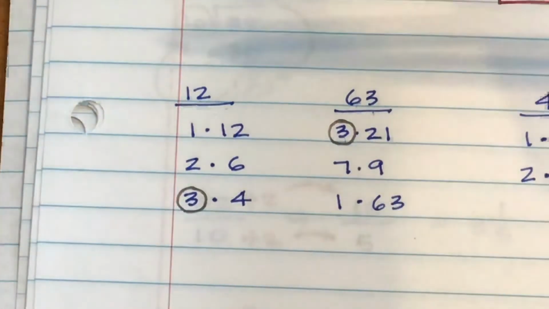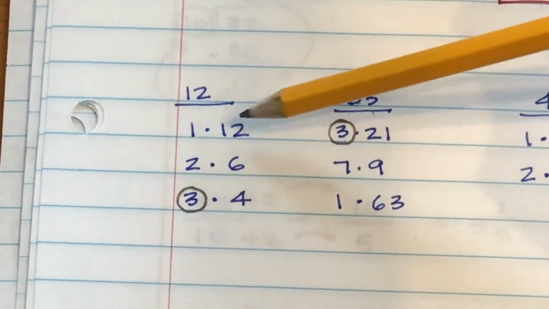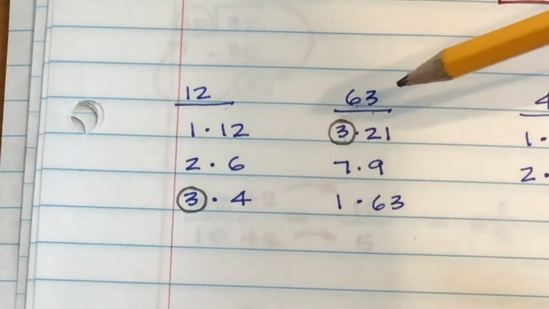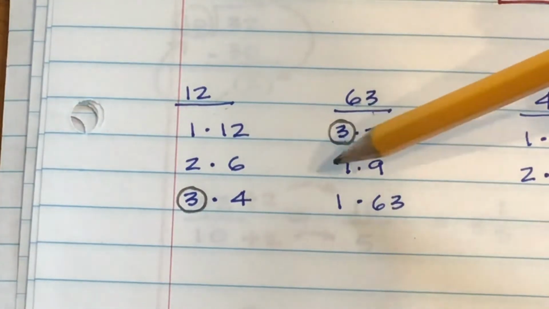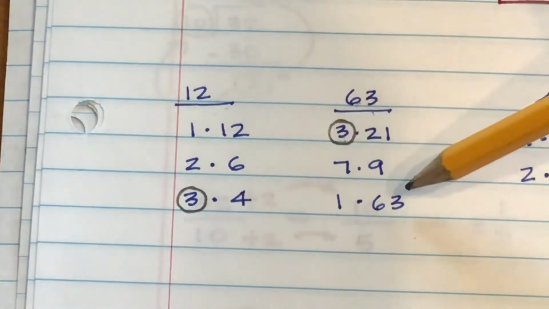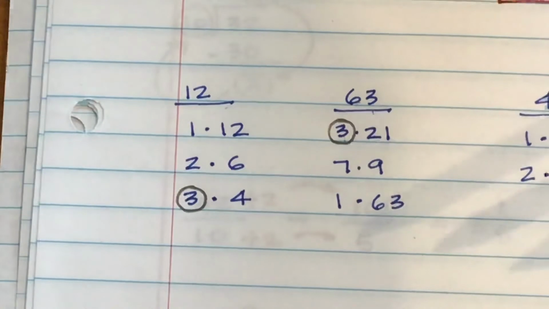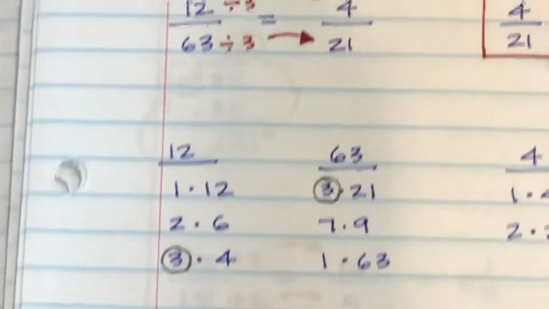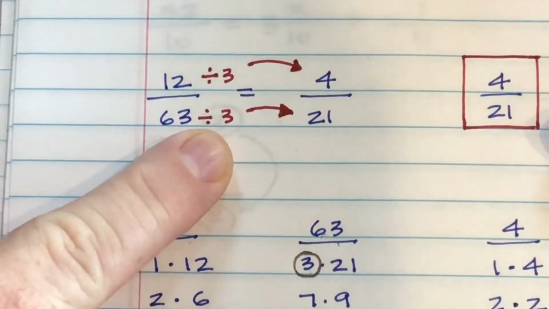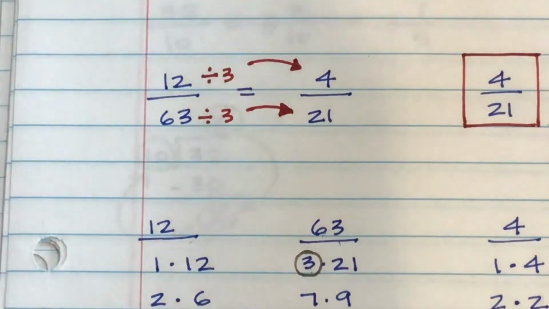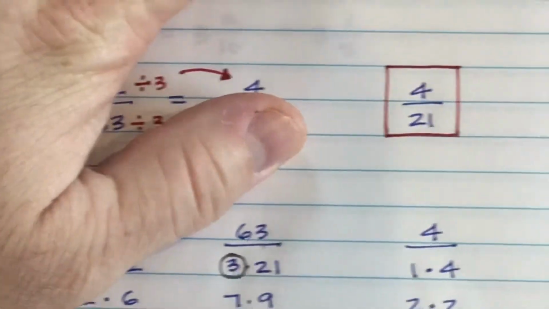So I listed the factors of 12: 1 times 12, 2 times 6, and 3 times 4, and I listed the factors of 63: 3 times 21, 7 times 9, and 1 times 63. And if you'll notice, 3 is the largest common factor that they both have. That's why I chose to divide by 3 up here in this step. So that let me know that I needed to simplify a little bit.